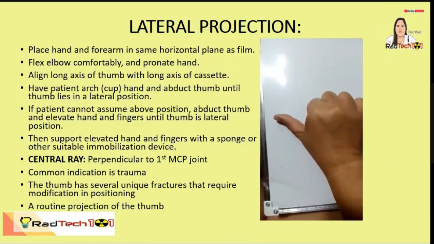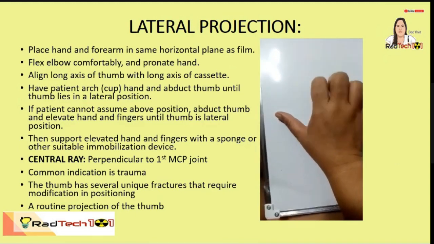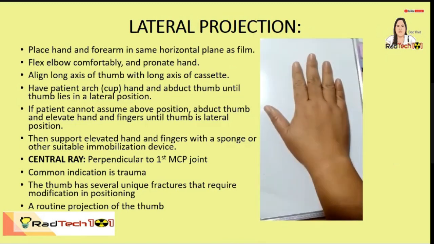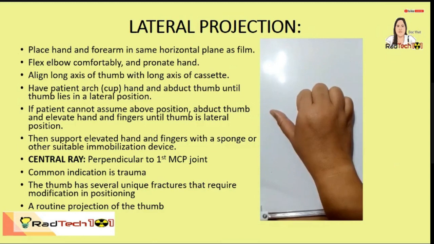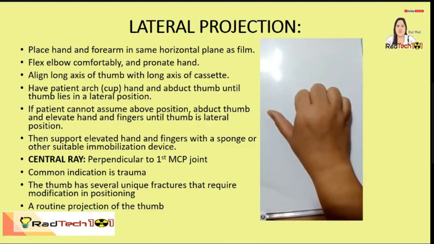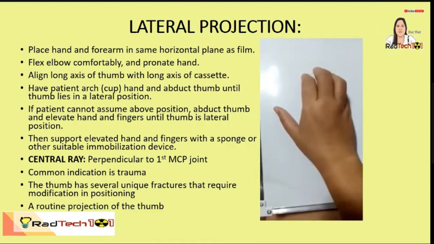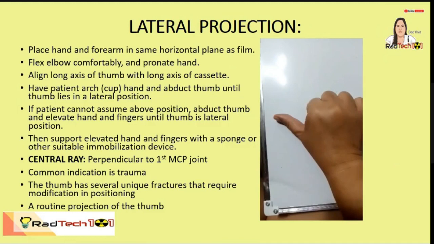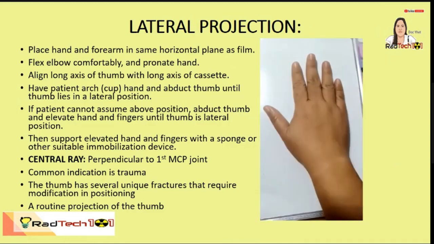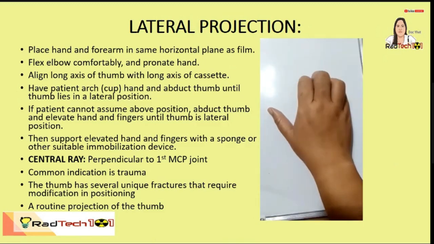So, abduct the thumb and elevate the hand and fingers para mas maging lateral pa yung ating thumb. Again, yan. Tapos abduct lang siya. Nakalateral na siya ngayon. Okay? So, I hope mas clear siya.